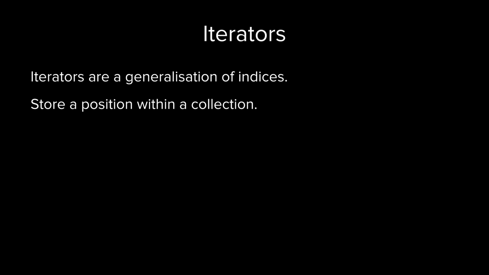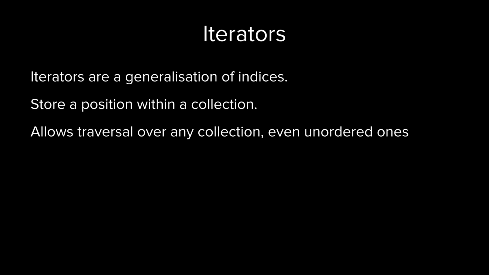Iterators are these generalizations of indices that store position within whatever collection you're at, and you can move them forward, you can compare whether you're at the end, you can get the start one, and they allow you to traverse over any collection.